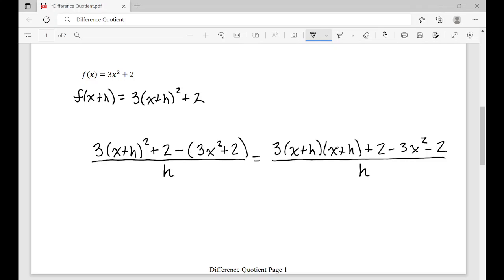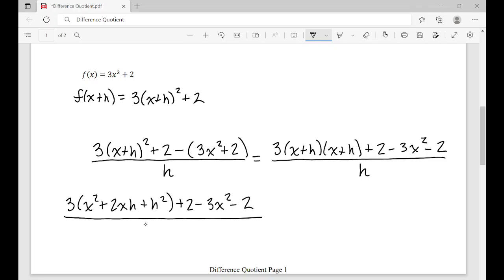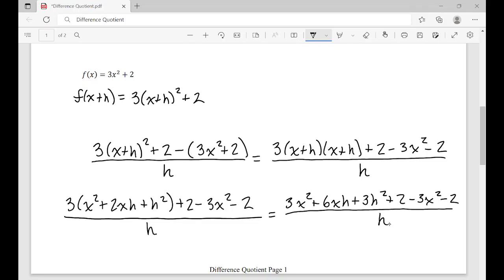Then we just FOIL out these two parentheses, and we end up getting 3 times x squared plus 2xh plus h squared when you simplify it, plus 2 minus 3x squared minus 2, all divided by h. Now we just distribute the 3 across. So 3x squared plus 6xh plus 3h squared plus 2 minus 3x squared minus 2, all divided by h.